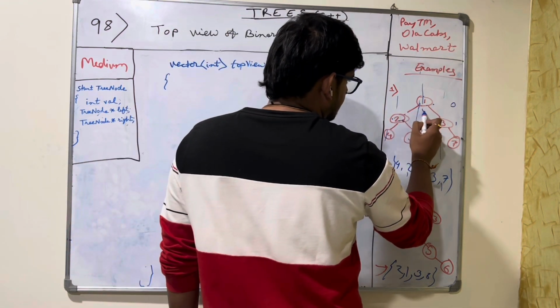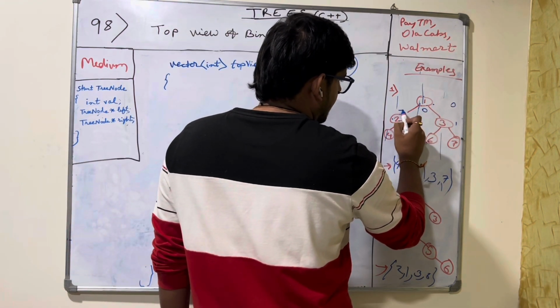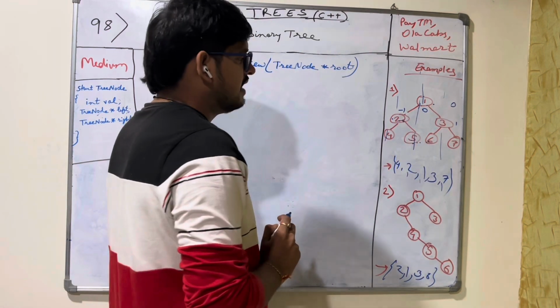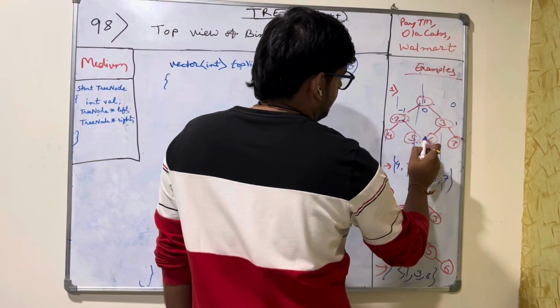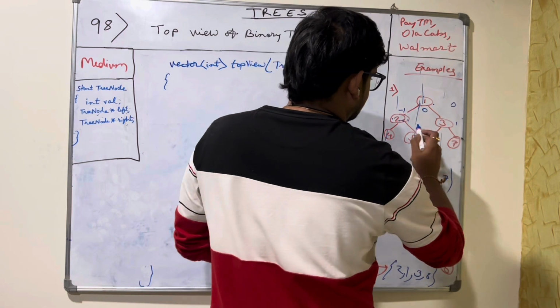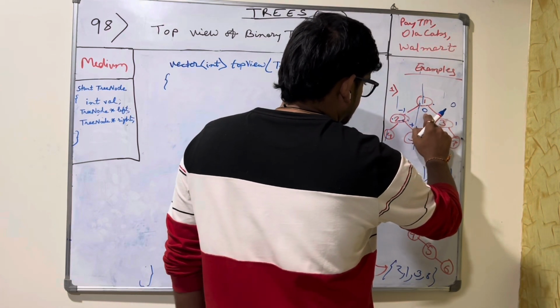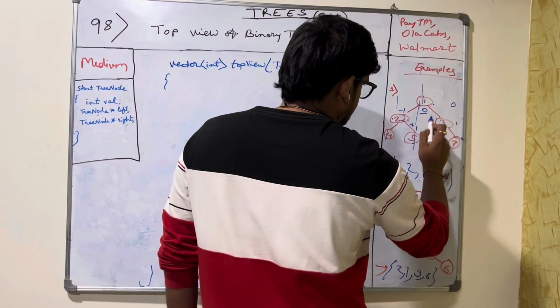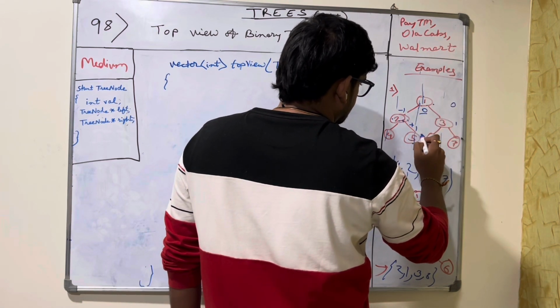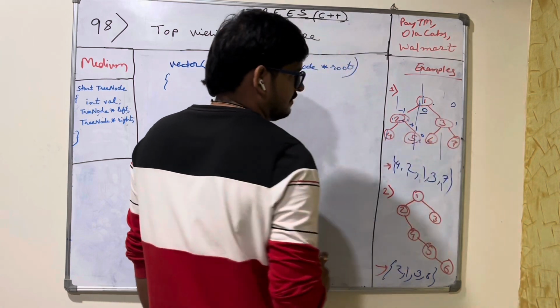If this is 0, we say we have moved -1 this side. Now when we go here, we have moved +1 this side. So the 0 already exists, and 5 has come here, so this is also at the 0th position. So 1 will cover 5.